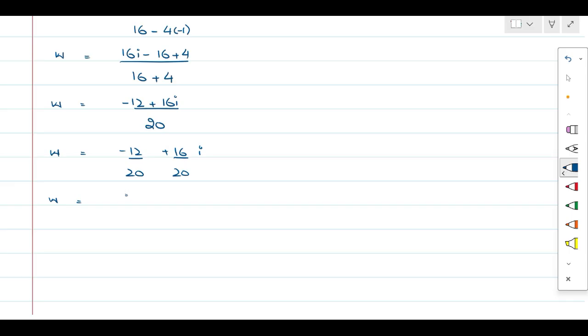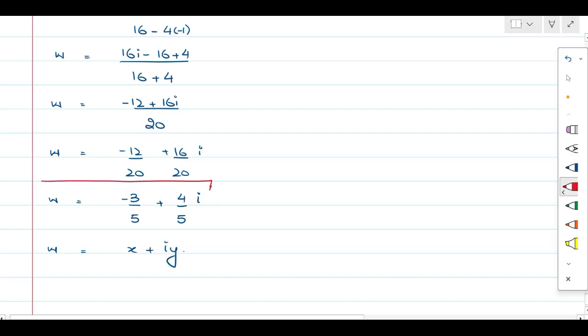So w would be, we can say 4 times 3 is 12, 4 times 5 is 20, 4 times 4 is 16, 4 times 5 is 20 iota. Now this w is in the form x plus iota y. So this is the first solution for w.